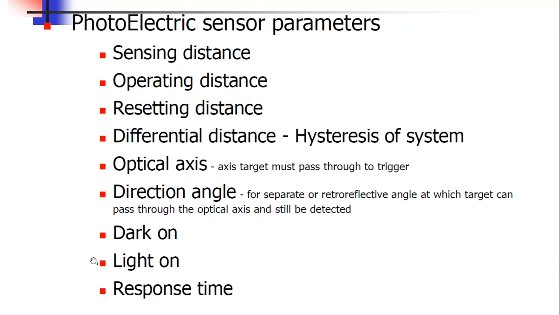Light on means it's going to be a 1 when it sees light. So light on is basically like normally closed, and dark on is basically like normally open. It's just different terminology you see with photoelectrics because they're talking about a light signal.